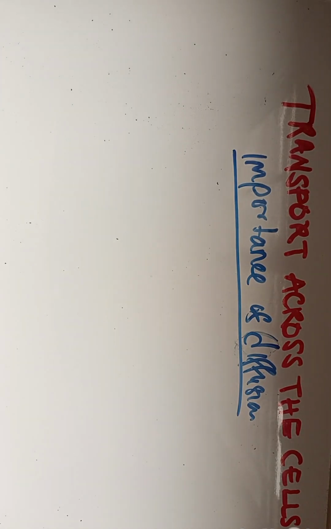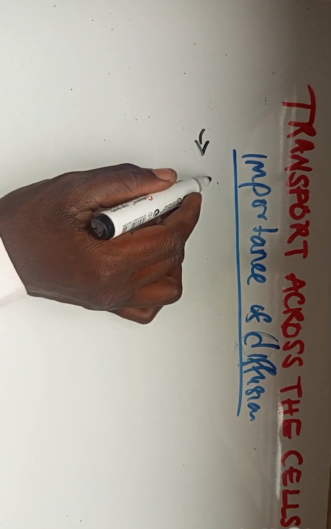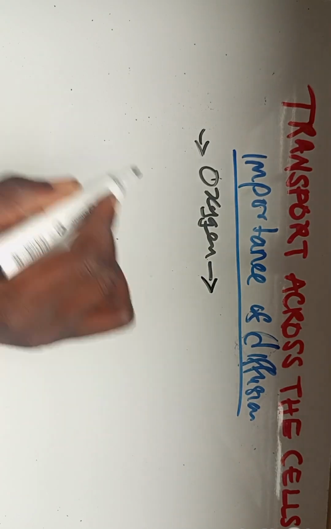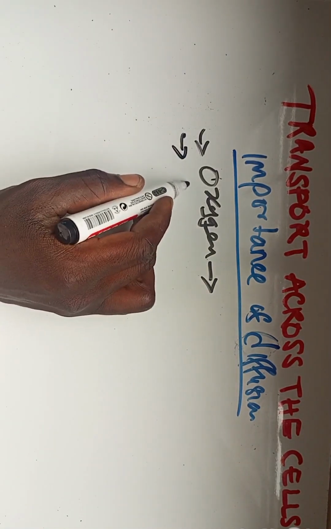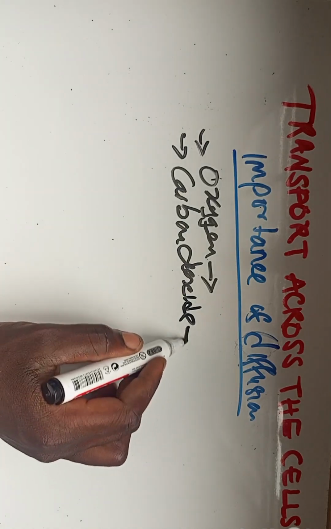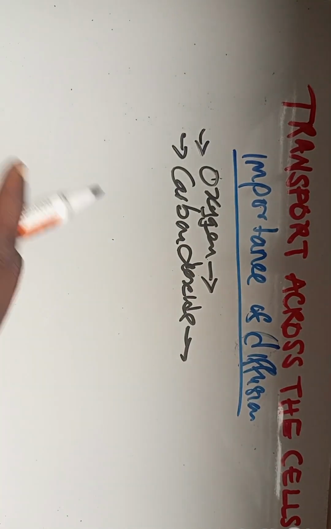You find that diffusion is important because oxygen enters the lungs and oxygen moves out of the lungs by the process of diffusion. So the entrance of oxygen, and the coming out of carbon dioxide and other gases which are not used up in the body.